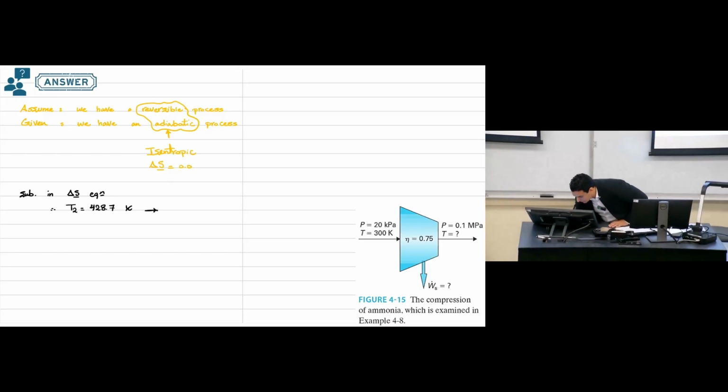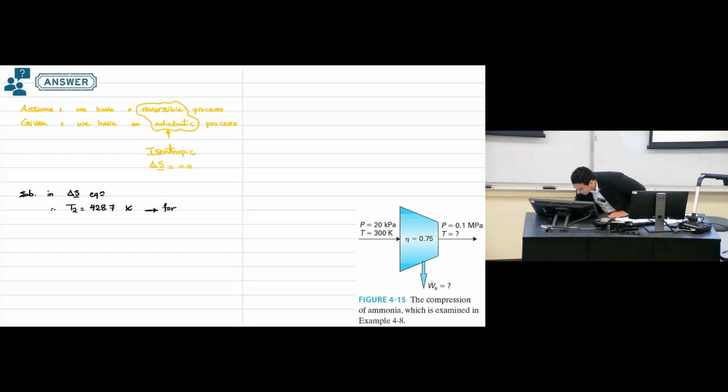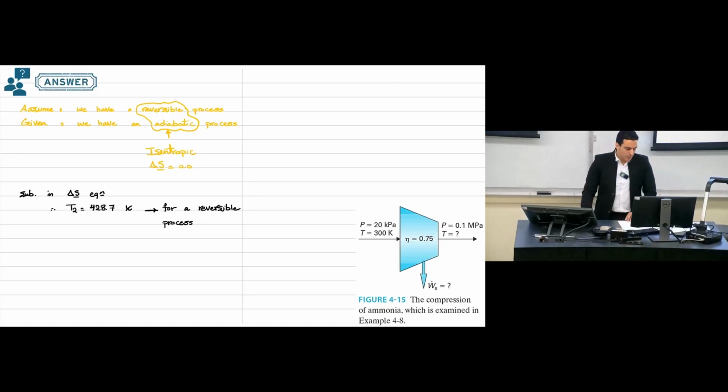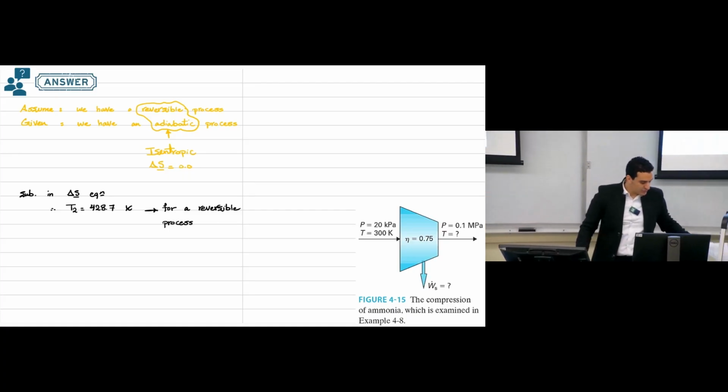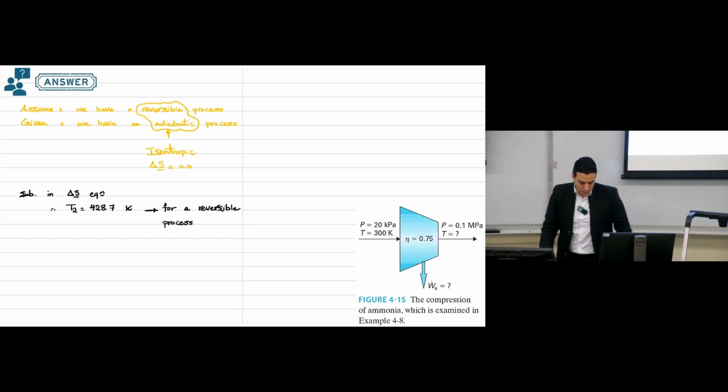But again, this is not the actual outlet temperature. This is the outlet temperature for a reversible process. Now we can use this temperature that we have for the outlet.